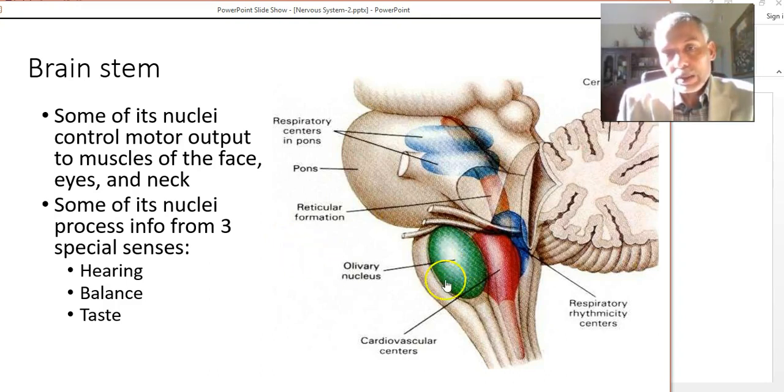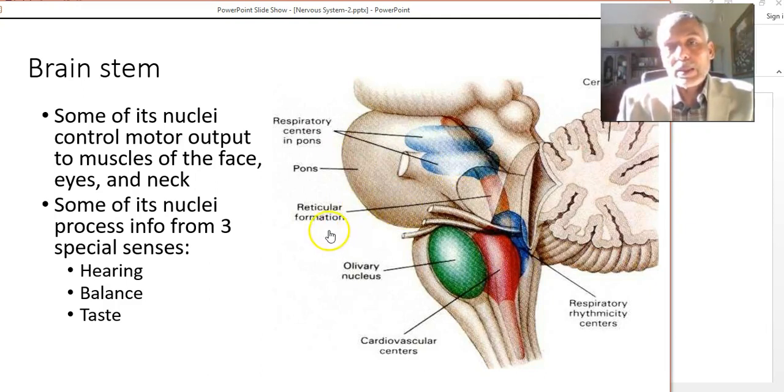And you have centers that control breathing and heart rate. So there's a cardiovascular center here. There is a respiratory center that regulates the respiratory cycle, one breath out, one breath in, and there's one that controls the sequence of the respiration itself. So these two here, both in the pons and the medulla oblongata, control breathing.